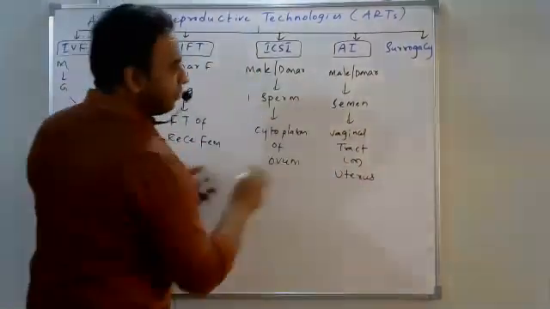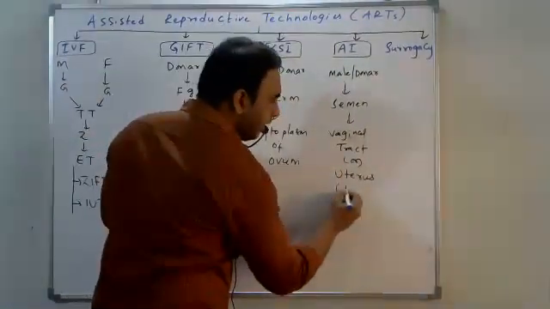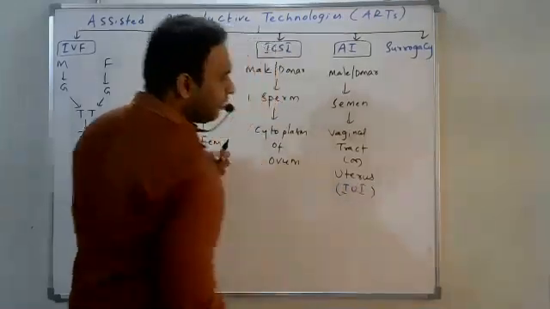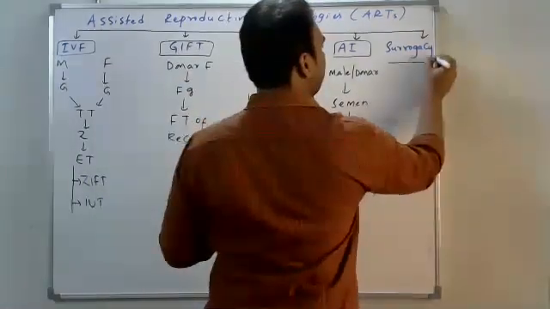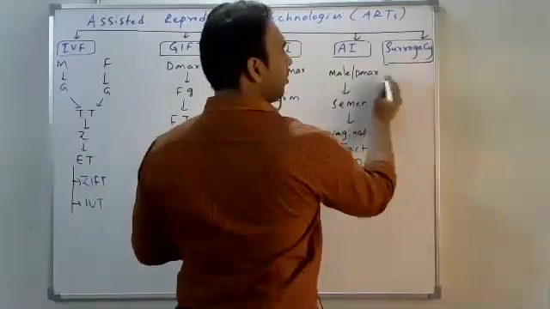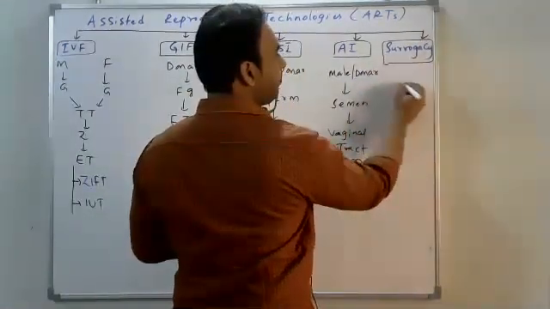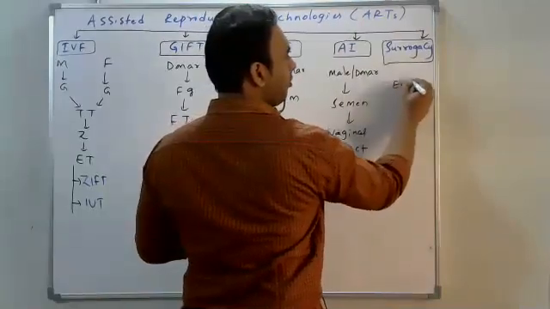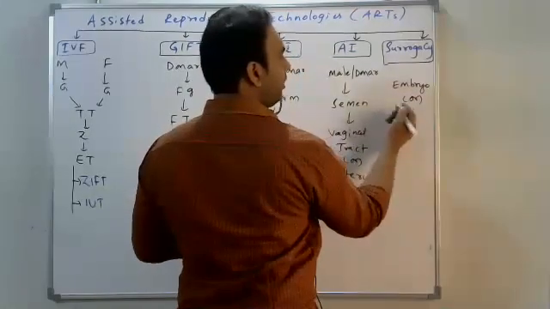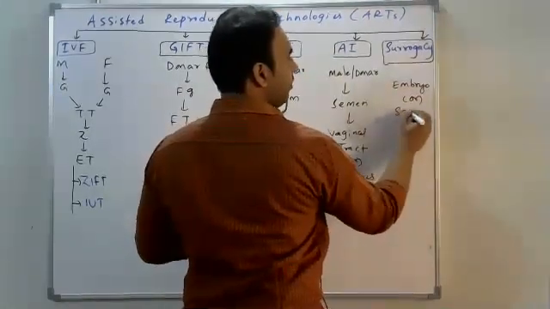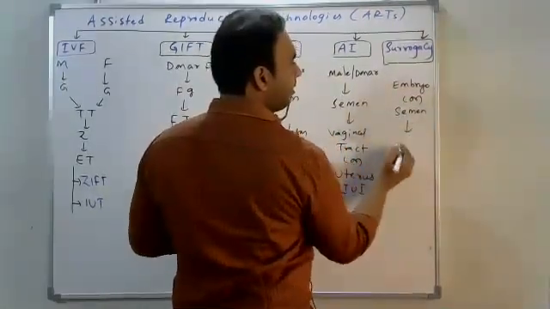If the artificial insemination is done through the uterus, that is called intrauterine insemination. Next, surrogacy: embryo or semen injected.